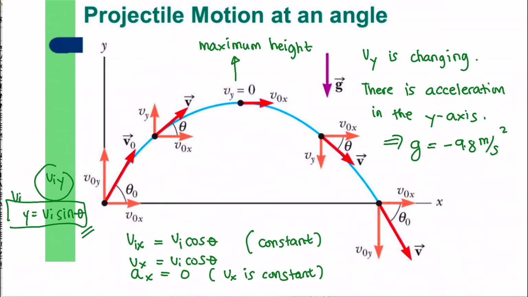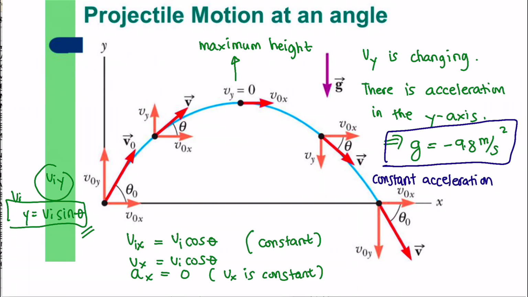And take note that this acceleration due to gravity is actually constant. In fact, projectile motion is an example of uniformly accelerated motion. So once again, g is constant acceleration. This means to say that from the point at which the object is released, the object will already experience this acceleration of negative 9.8 meters per second squared, directed downward.